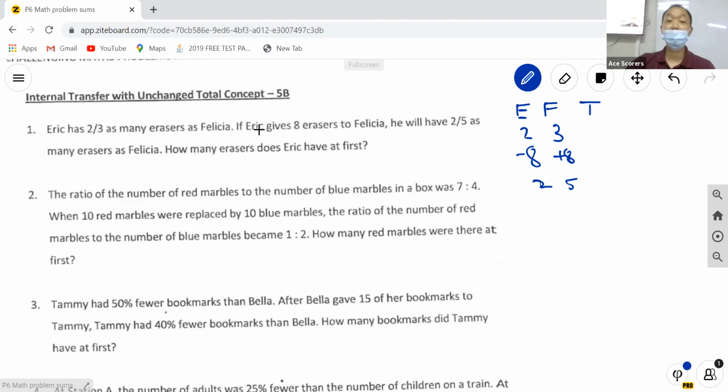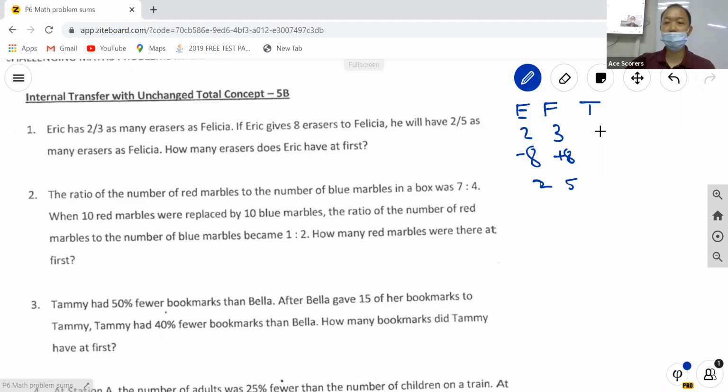What's the story? Eric gives to who? Did they give to somebody else? That means the erasers are still within the two of them, right? So the total is unchanged, okay?